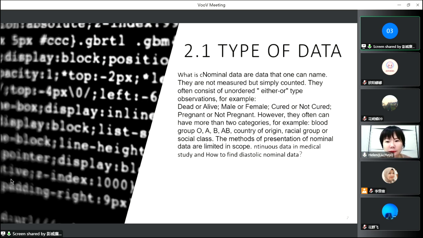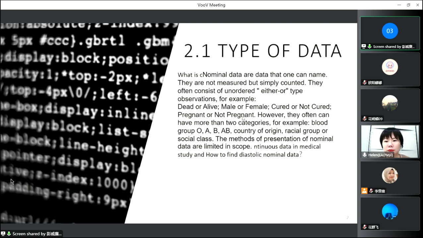What is nominal data? They are not measured but simply counted. They often consist of a binary feature or type of observation, for example, death or alive, male or female, true or not true, pregnant or not pregnant.